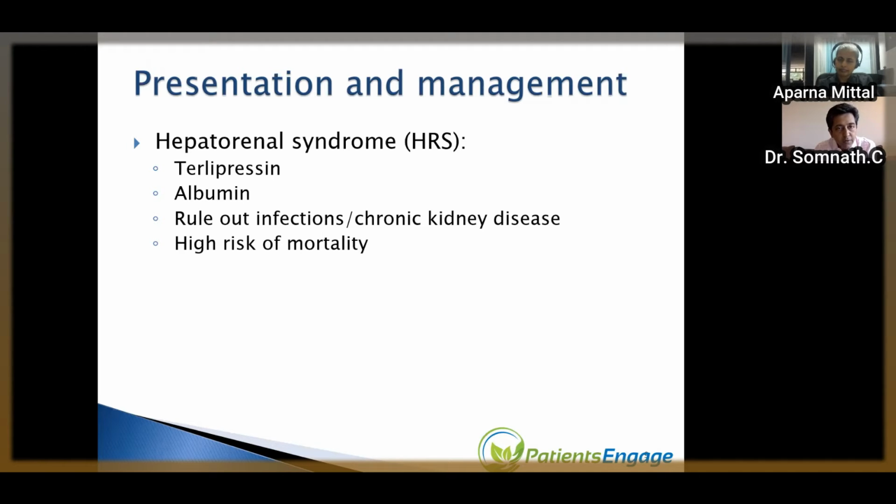Sometimes we can control it with medicines like albumin and terlipressin. We have to rule out whether there's actually any kidney disease also. When your creatinine starts going up, it becomes imperative that you go to a transplant center and start thinking about a transplant, because this condition has a very high risk of mortality if we don't manage it in the right time. Next slide.